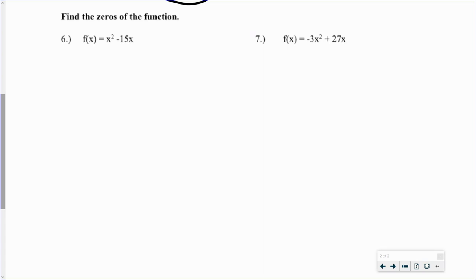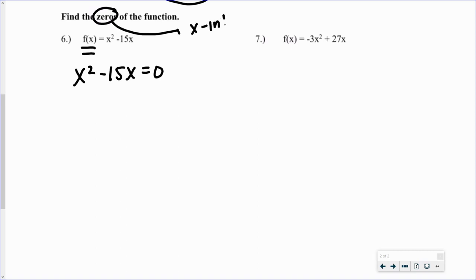All right, so to find the zeros of the function, what we're going to do is replace f of x with 0. When we're thinking zeros, graphically, we're thinking x-intercepts. To find the x-intercepts, we're going to basically do what we've been doing.